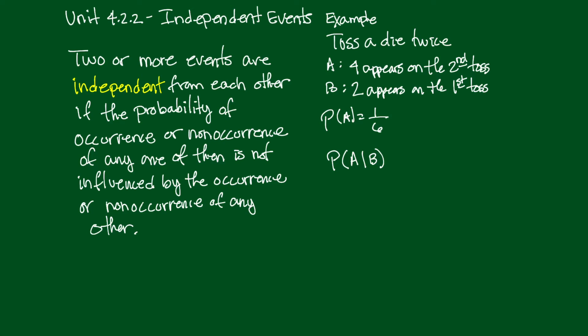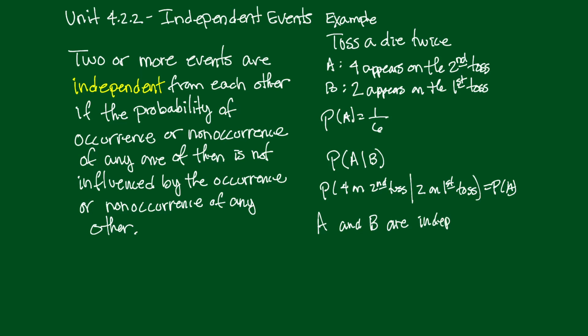I'm asking, what is the probability of a 4 on the second toss given that you got a 2 on the first toss? Well, that's just equal to the probability of A, right? B has nothing to do with it. B in no way affects the probability of A. So these two events, A and B, are independent.